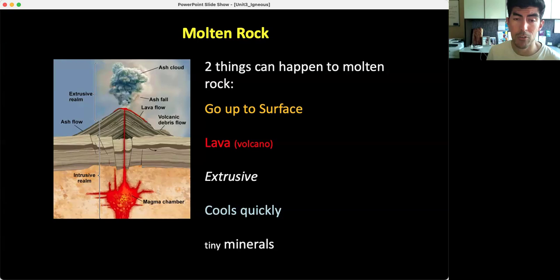It takes minerals even longer to grow inside magma chambers because there's a lot of stuff that the atoms need to move through to get to their sites for mineral growth. So once lava makes it to the surface, it is under cold temperatures, and so it cools down very fast, and those minerals do not have any time to grow.